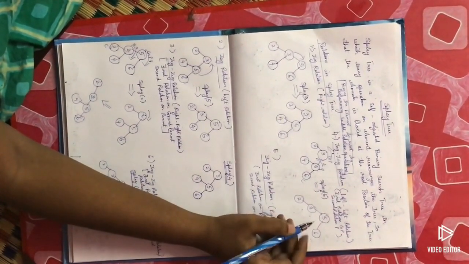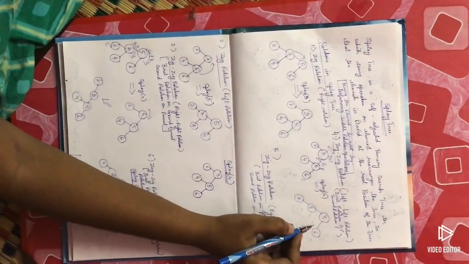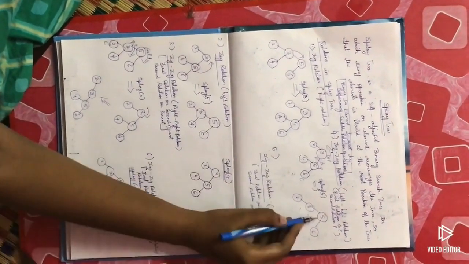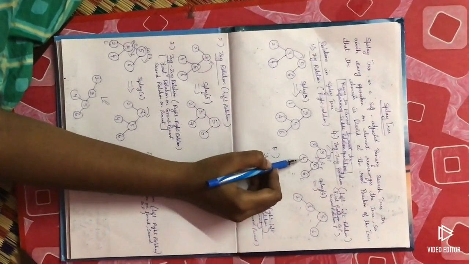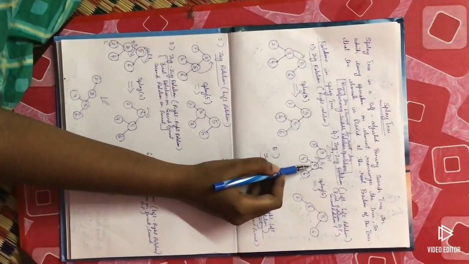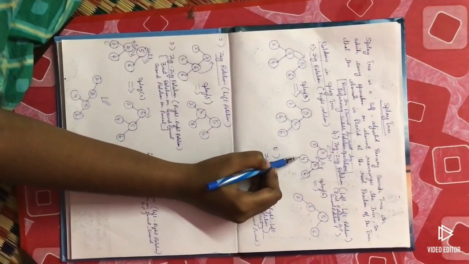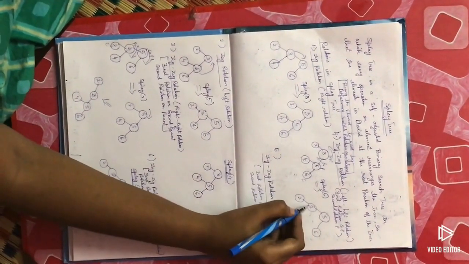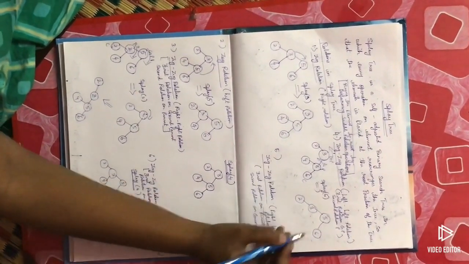Now again I am going to rotate this parent. So we have rotated this 2. I did not write 4, right? So 4 will come at the right side of 5. So here at the right side of 5 there is 3.